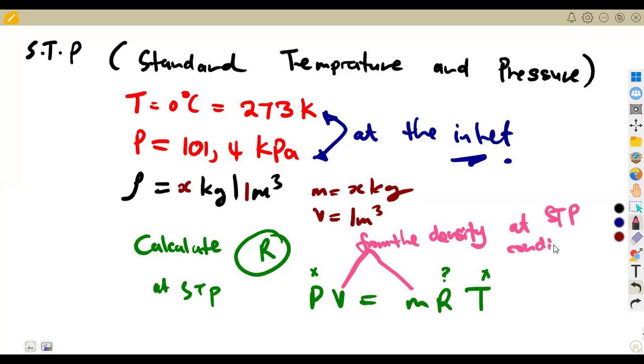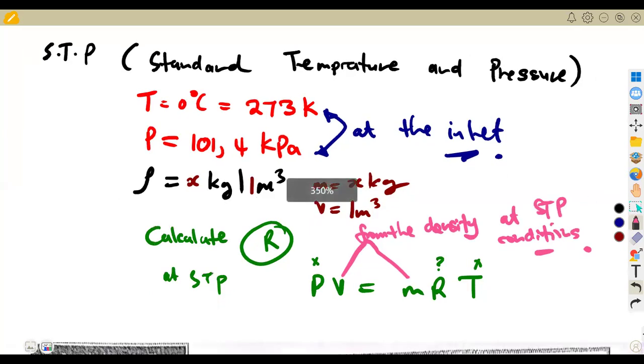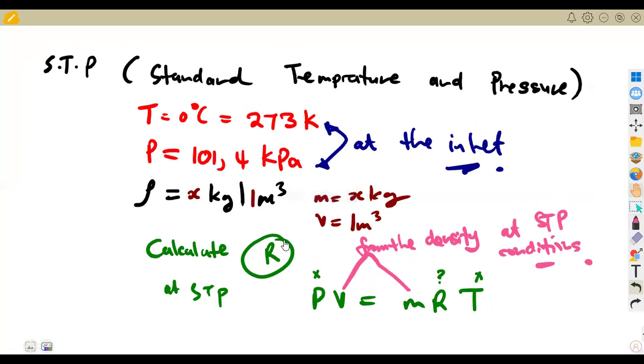That is the idea. At the STP condition, the mass and the volume come from the density, using the density formula with units kilograms per cubic meter. The volume is 1, and the mass is whatever you are given.